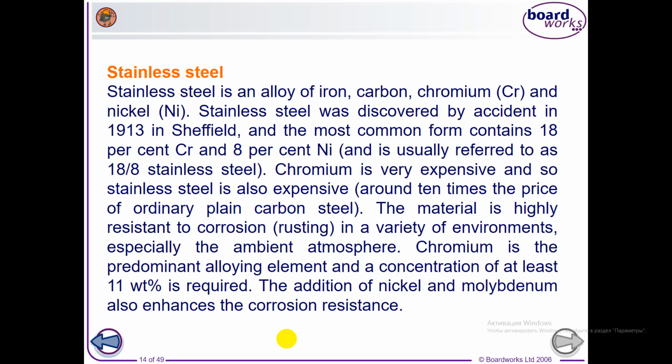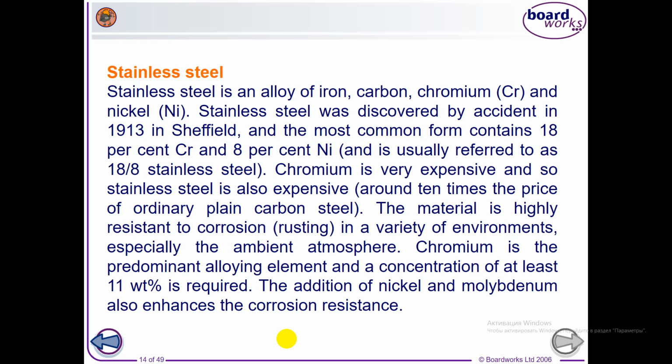Chromium is very expensive, and so stainless steel is also expensive, around 10 times the price of ordinary plain carbon steel. The material is highly resistant to corrosion, rusting, in a variety of environments, especially the ambient atmosphere.